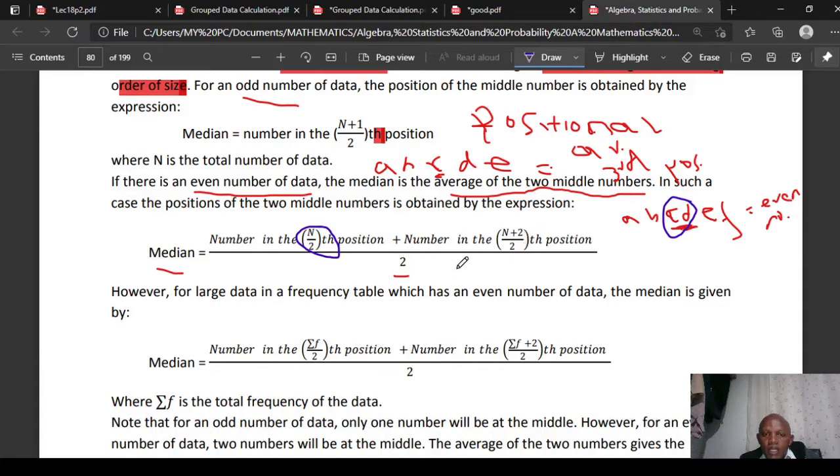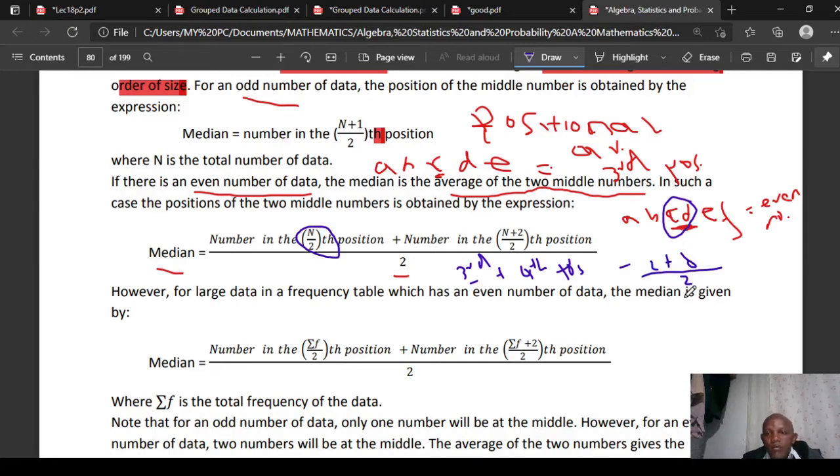So you have got the third position plus the fourth position. Now, if you get the third and the fourth position, you go back to the observations. What is the third position? 1, 2, 3 equals C. And then what is the fourth position? It is D. So if you are to calculate the median, it will be C plus D divided by 2.